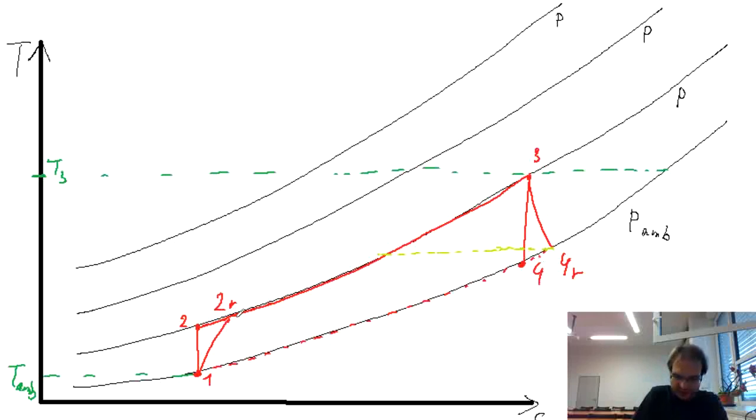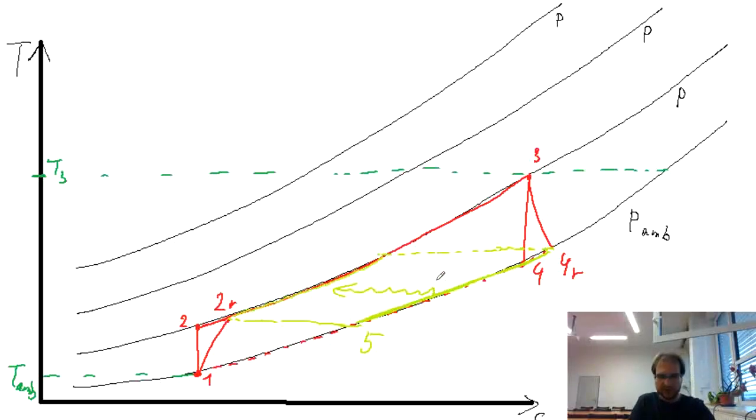So it means that basically we should be able to take this amount of heat between points 4R and let's call it 5 as exhaust, and transfer this amount of heat into the heat input of the cycle and save some of the heat input, so that not all the heat needs to be provided by fuel or by some other heat source.